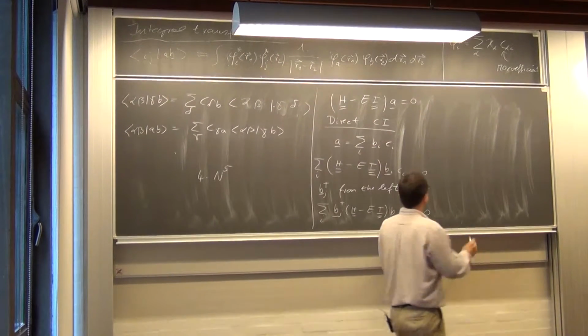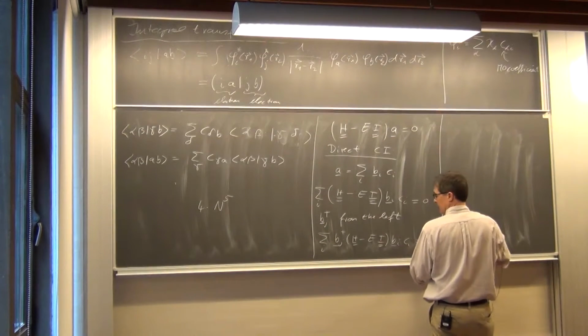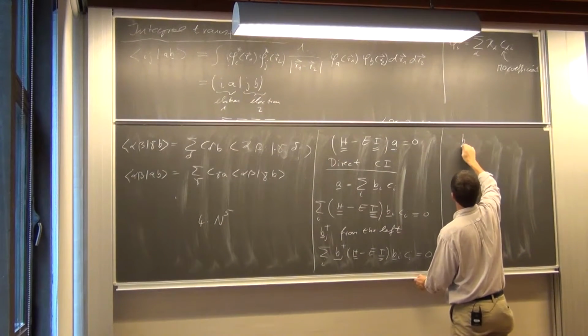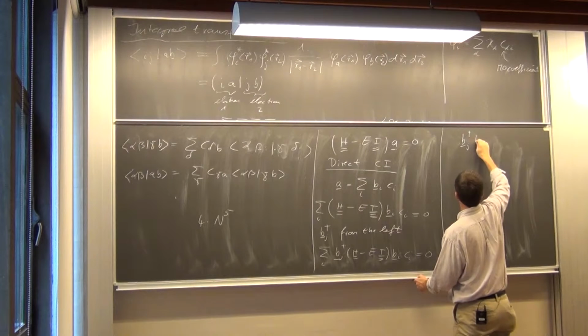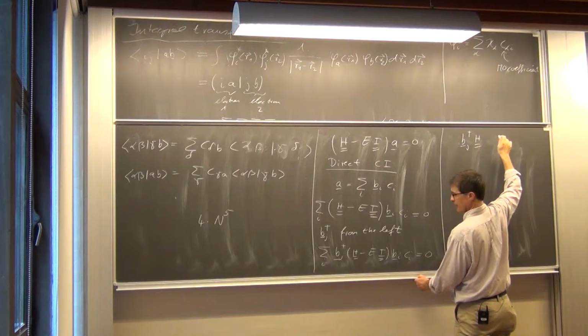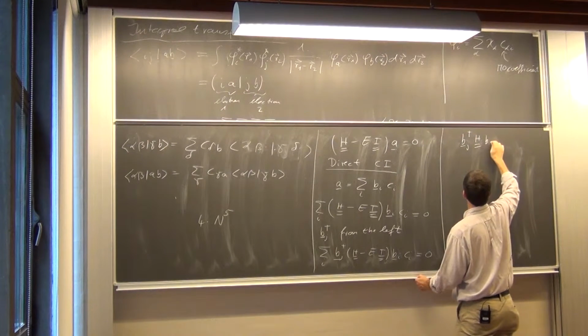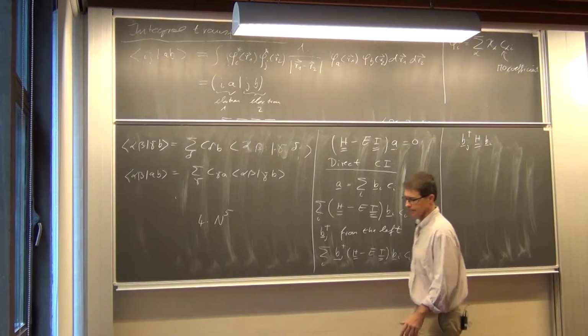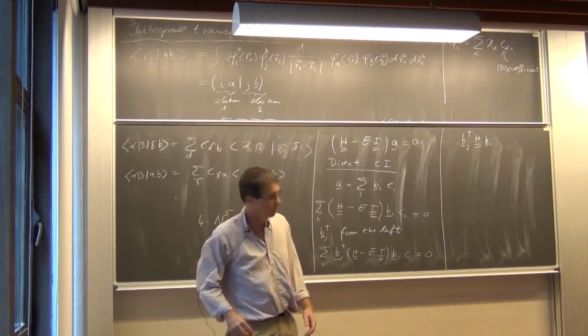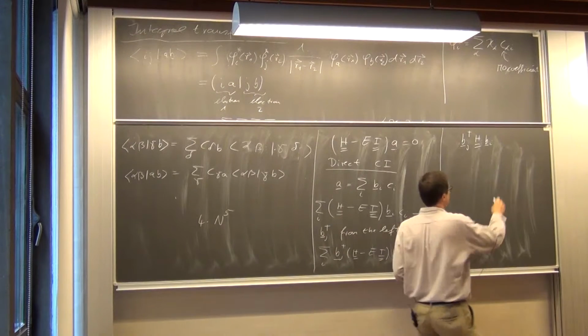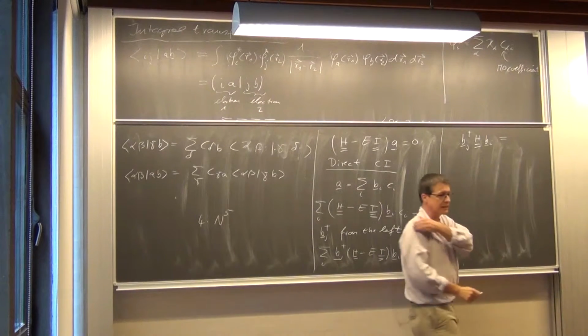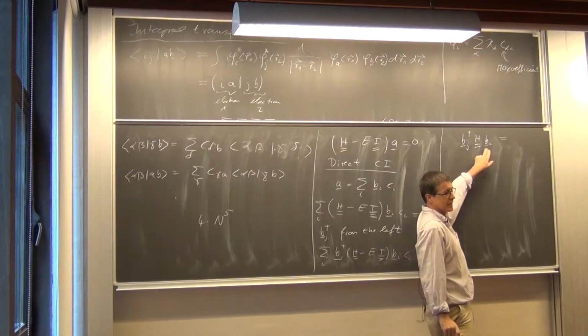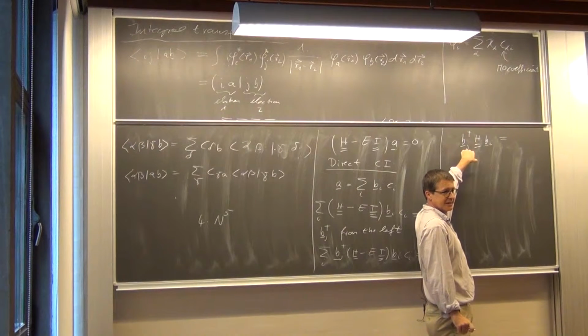So I get something which looks like a basis vector times the Hamiltonian matrix times another basis vector. And you can see that is again a matrix.